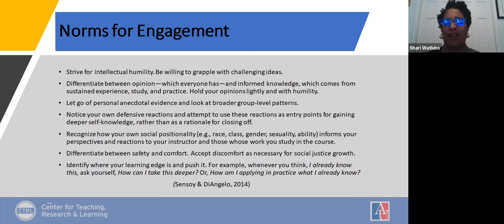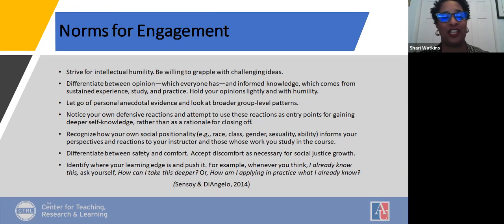We want to be aware of our own defensive reactions and attempt to use these reactions as entry points for guiding ourselves to deeper self-knowledge, rather than as a rationale for shutting down and closing off. We want to recognize our own positionality as researchers, which encompasses thinking about race, class, gender, sexuality, and ability, and use these perspectives and reactions to help us do this work, right?